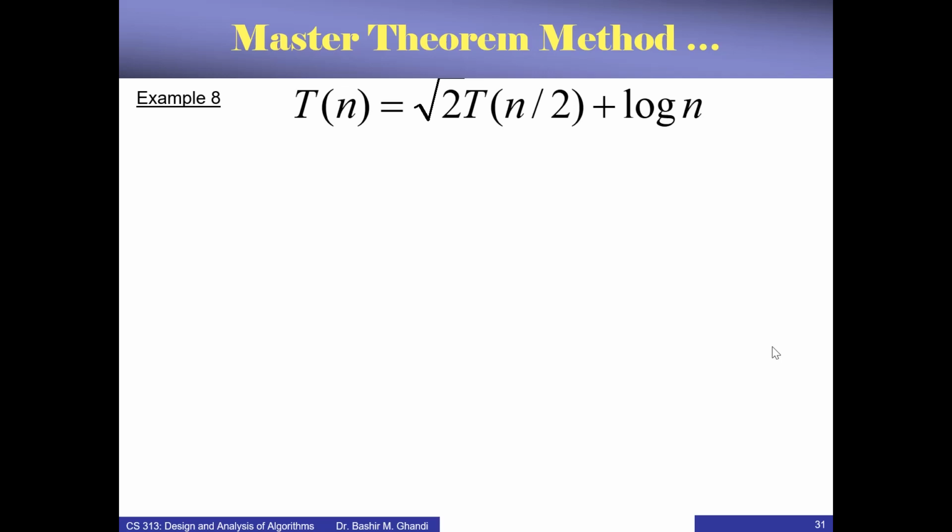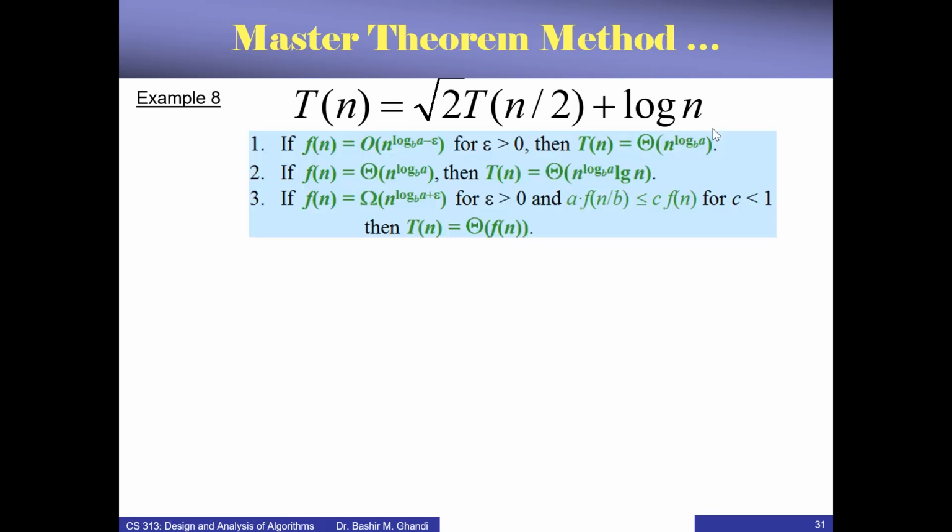Yet another example, T(n) equal to square root of 2 T(n over 2) plus log n. Okay, reminding you the theorem again for easy reference. But to proceed, we have to find the value of a, b, and f(n).